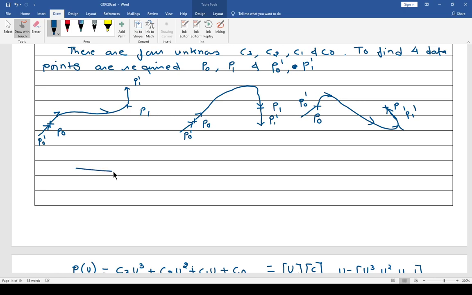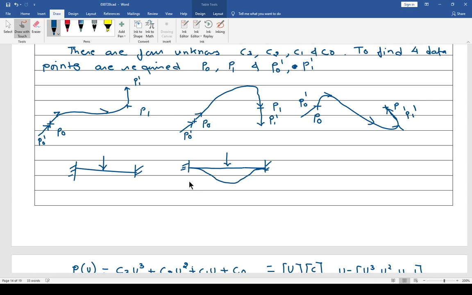Let us consider a beam which has a fixed support at both ends, and I apply a load. The displacement is going to be like this.